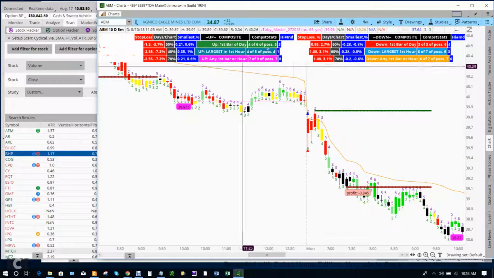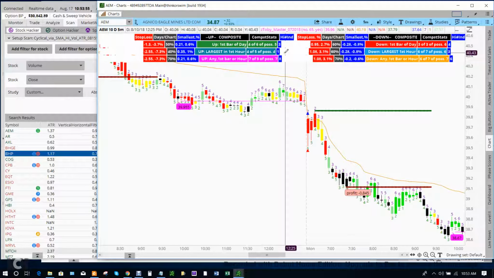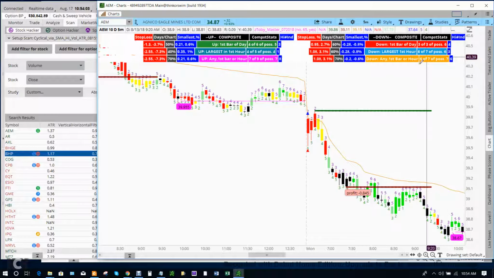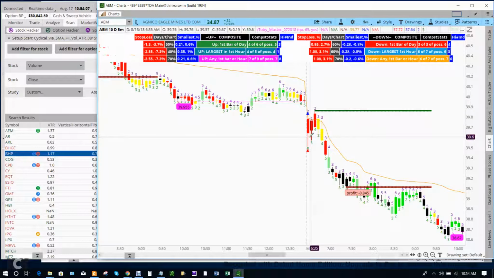So it's really, really important, especially if you're going to go long, a long trade, that you have stocks that are 100%. For short trading, it doesn't matter so much, because if you put in a short here and the price goes down, and then the next day it opens up, you're going to get a big winner.